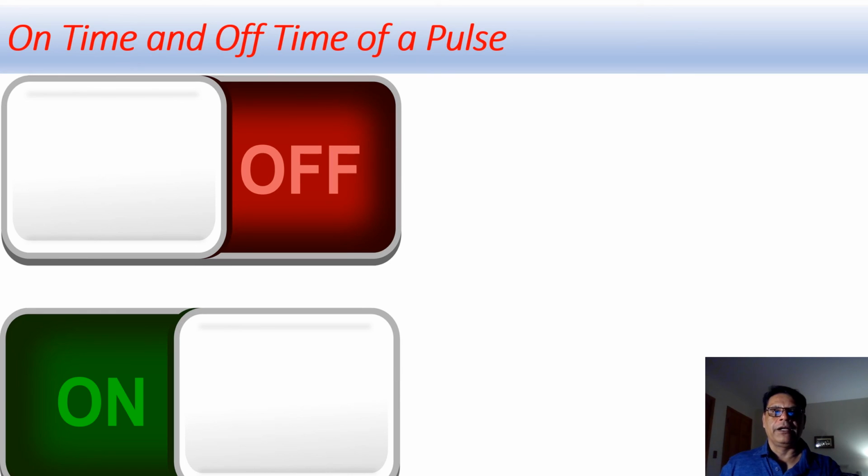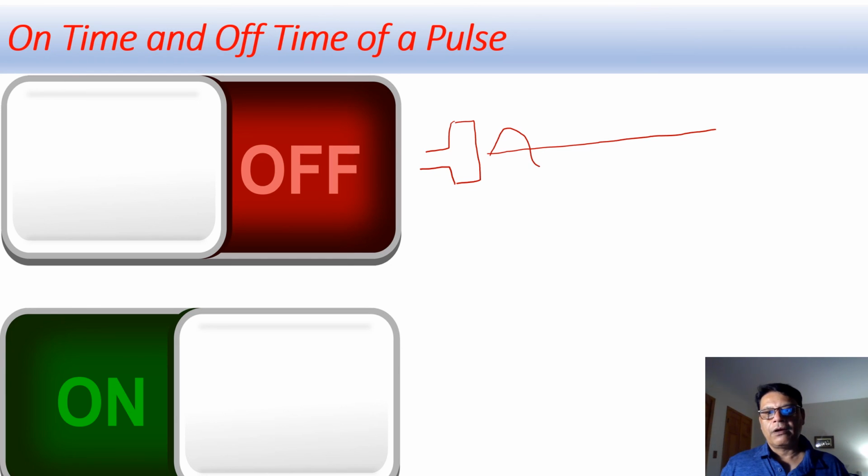We have already discussed this, and this concept is very important to understand the parameters of the pulse: the actual time in which a pulse is being produced is called on time.